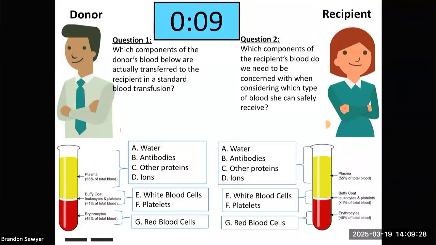Yeah, it's just the red blood cells. That's the primary type of transfusion, red blood cells. Then they mix it with saline solution, so it is a similar concentration to blood, but it's just the red blood cells. So that is a key thing to think about when we're deciding whether or not a blood transfusion is safe.